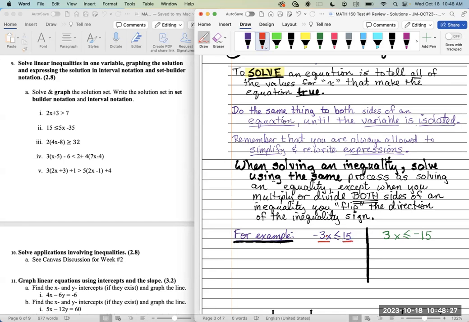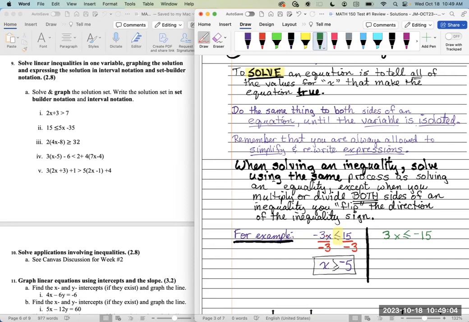So if I choose to divide both sides by the coefficient, the number in front of the x, then I would be left with x, and 15 divided by negative 3 is negative 5. Positive divided by negative is negative. But I am going to flip this sign here because I divided both sides by a negative. So I would write the inequality going the other direction. And this would be my final answer.